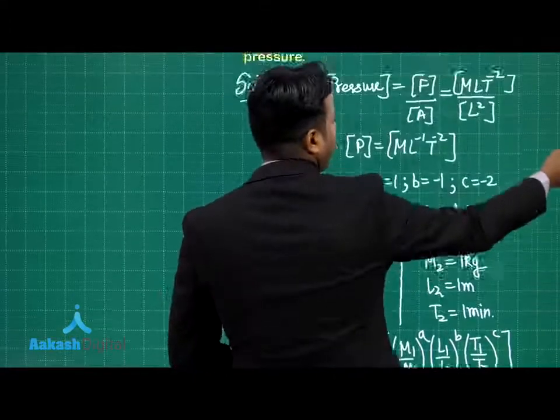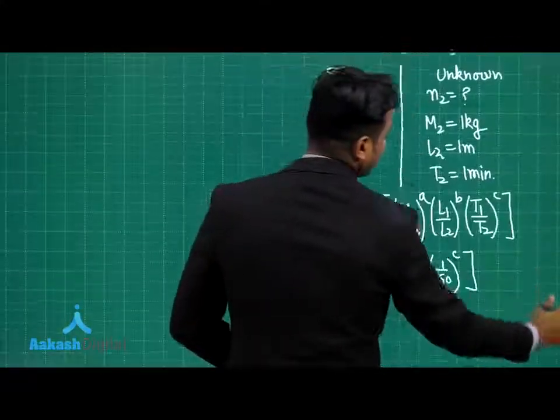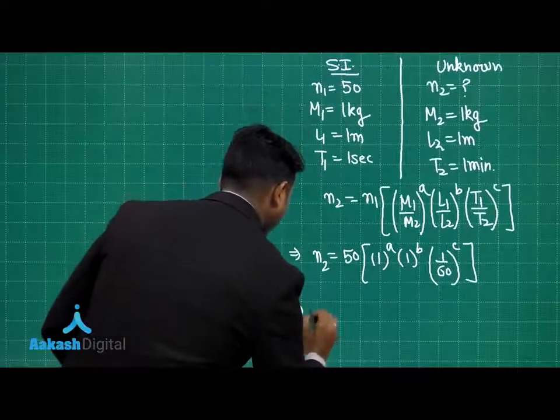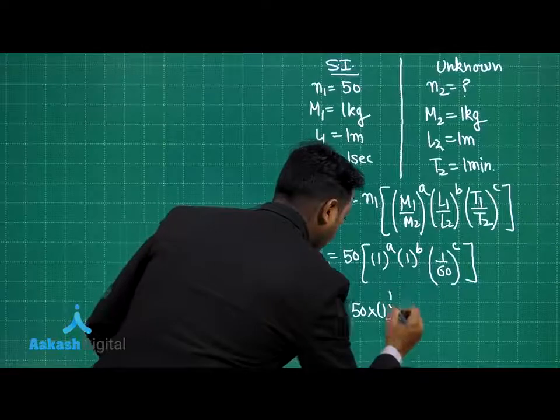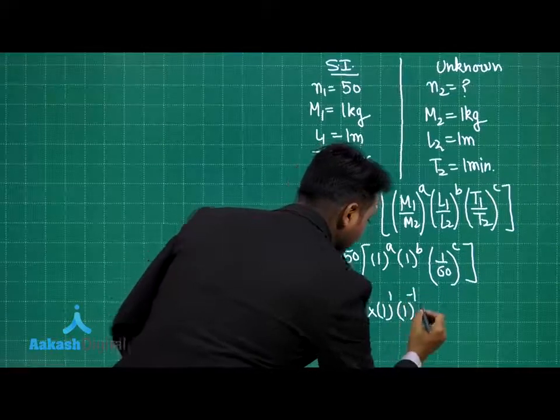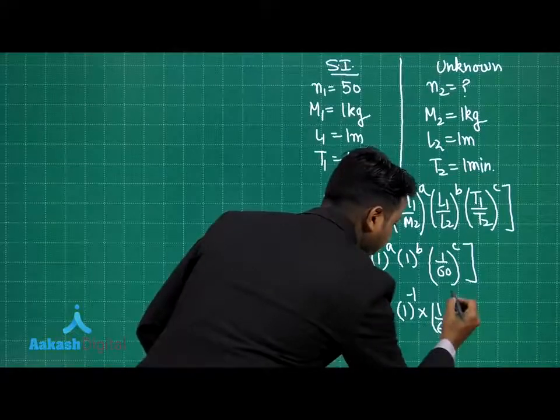Now, as per the data, a value is 1, b value is minus 1, c value is minus 2, so I can put over here. So N2 is simply 50 into 1 to the power 1, 1 to the power minus 1 multiplied with 1 by 60 to the power minus 2.